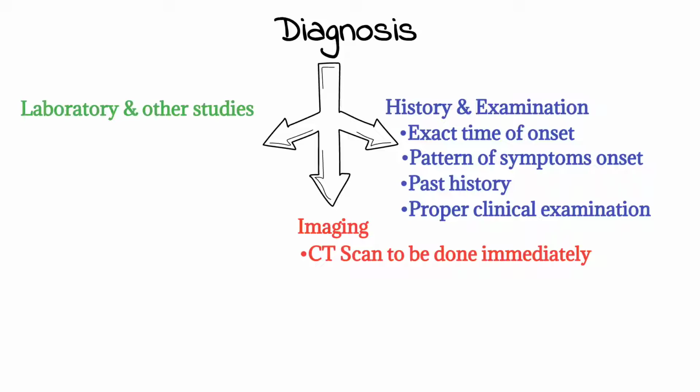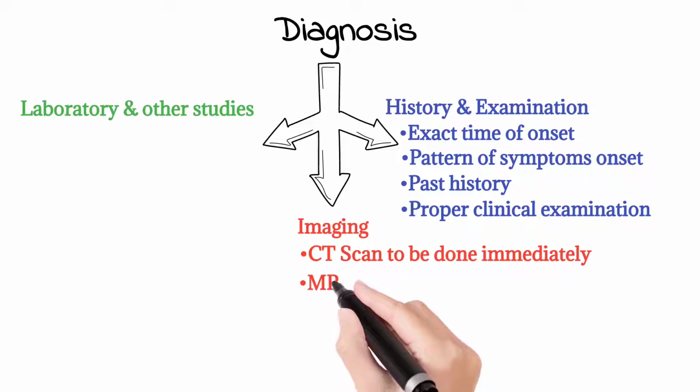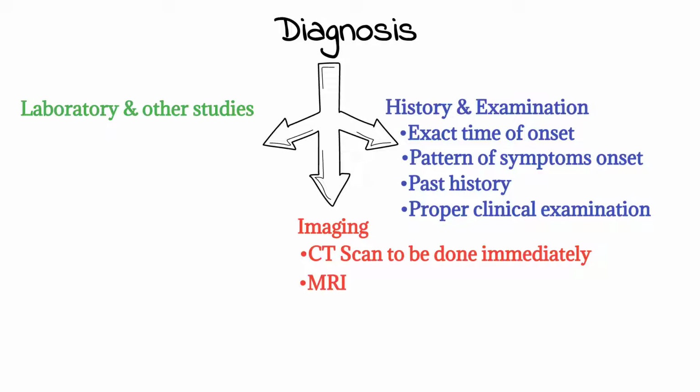Then MRI is another imaging modality which allows detection of cerebral ischemia as early as 30 minutes after vascular occlusion, and it can detect infarction within 2 to 6 hours. It has a sensitivity of 83% and specificity of 98% in diagnosing ischemic stroke in emergency settings.